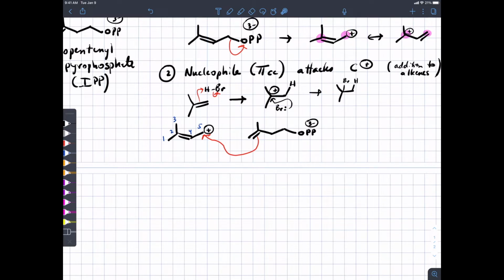The fact that the positive charge would be more stable here certainly has to be offset by the fact that the double bond is more stable there. So it's not totally clear. The other argument you could make is if you're going to have this pi bond attack the carbocation, it would be more efficient at the less sterically hindered carbon. The final explanation could be the enzyme makes it do it that way. That is sort of the hand-wavy cop-out answer, which we will revert to in many cases.